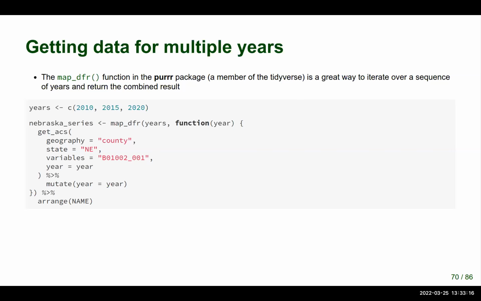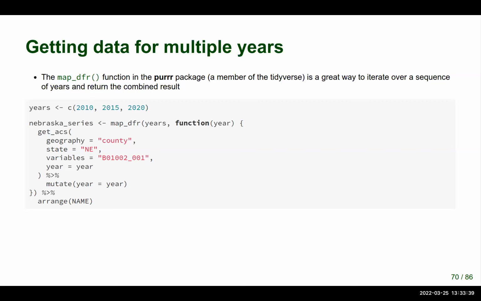If you're trying to build out a time series of ACS data, the map_dfr function in the purrr package, which is a member of the tidyverse, is your friend. What it does is it iterates over a sequence. So it steps through a sequence of values, calls a function for each of those values, and then combines the result into a nice data frame.